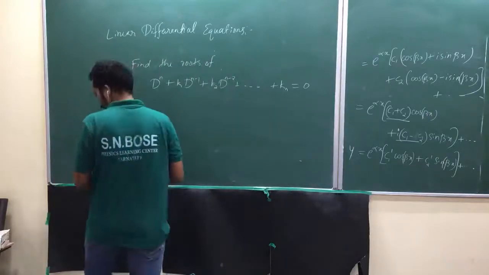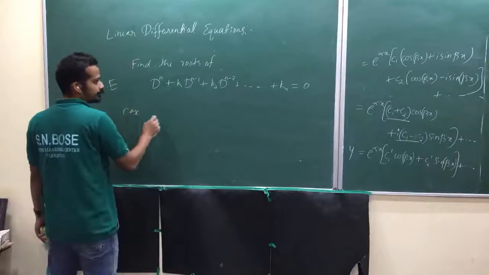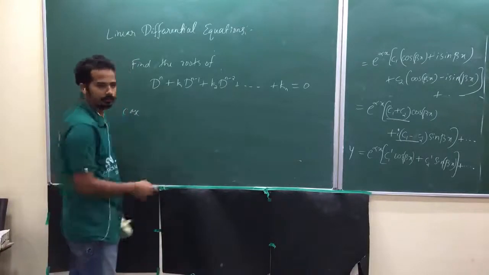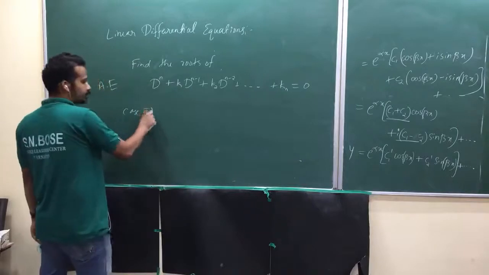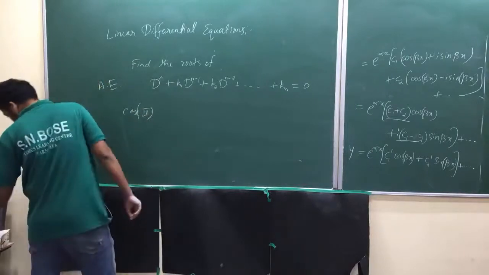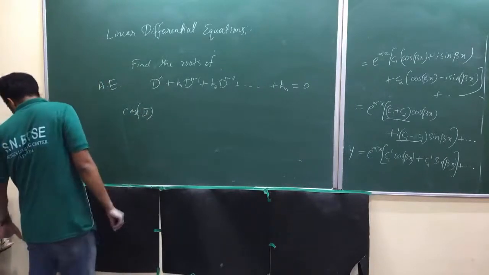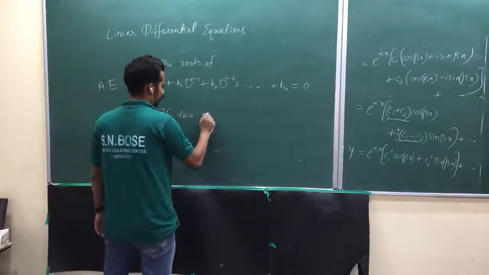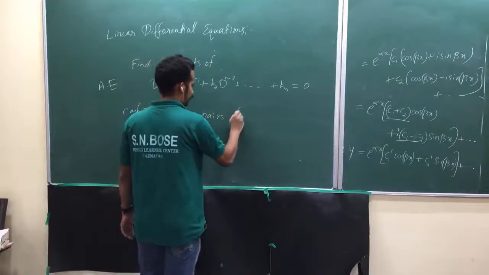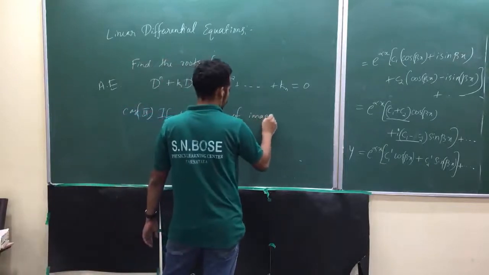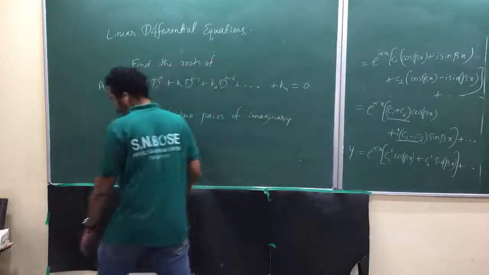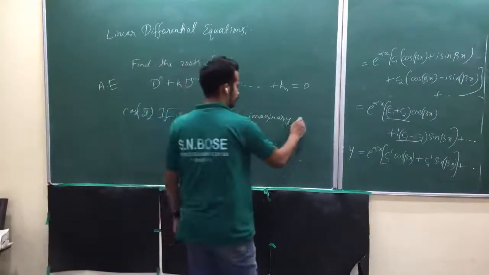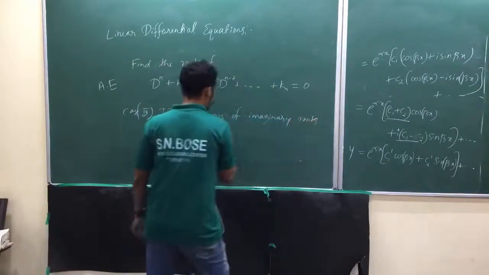Next case, what is that case? 1, 2, 3, 4, fourth one. If two pairs of imaginary roots be equal.